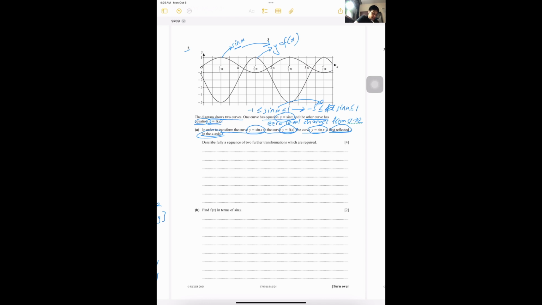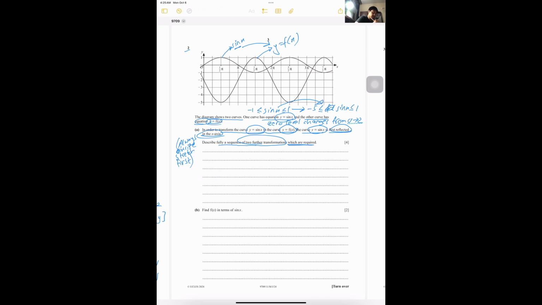Okay, describe fully a sequence of 2 further transformations which are required. So one tip, always write stretch first, right?